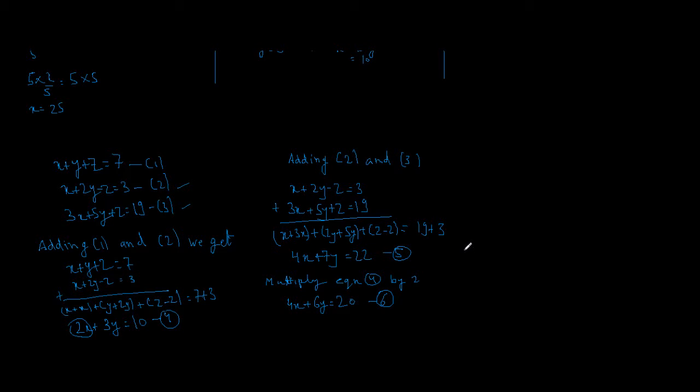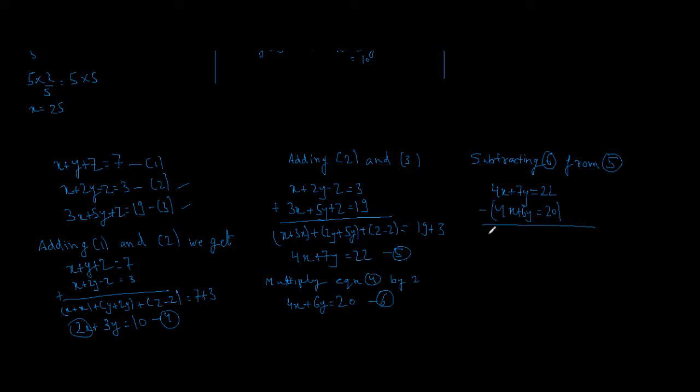Now if I subtract equation 6 from equation 5, that is subtracting 6 from 5, I get 4x plus 7y equal to 22 minus 4x plus 6y equal to 20.